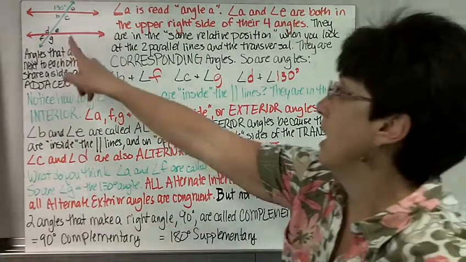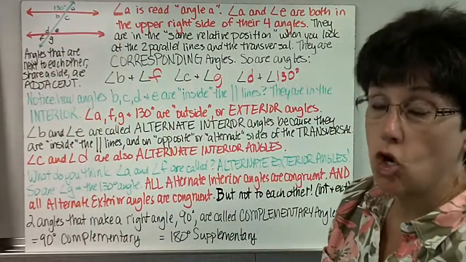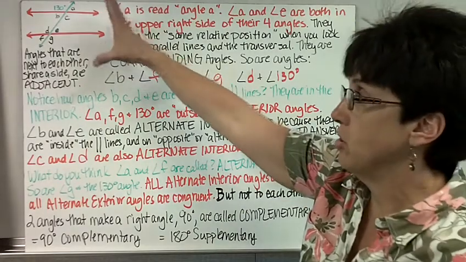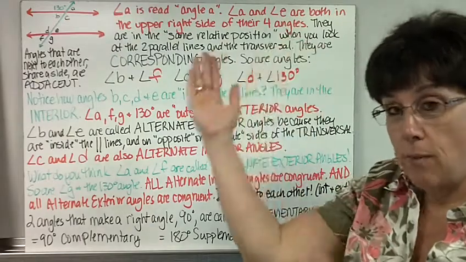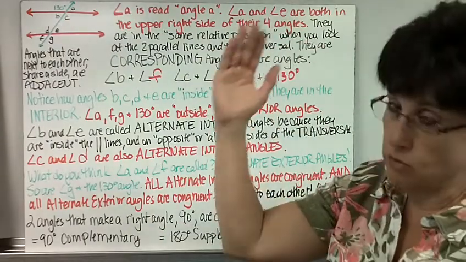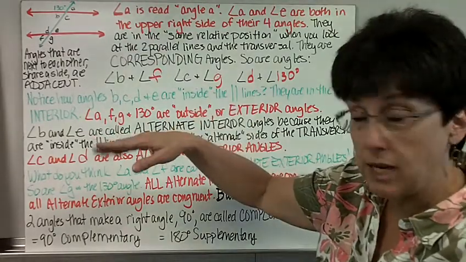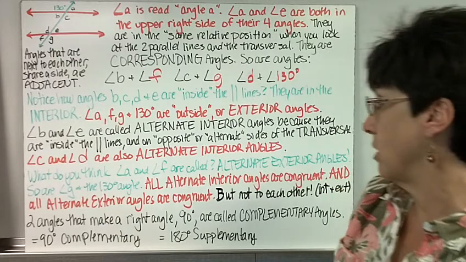So are angle G and this 130 degree angle. So we have alternate interior angles and alternate exterior angles if they're on opposite sides of the transversal. And then we have corresponding angles if they're in the same relative position, so they would be on the same side of the transversal.